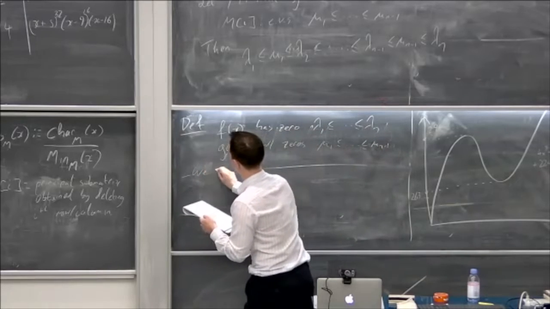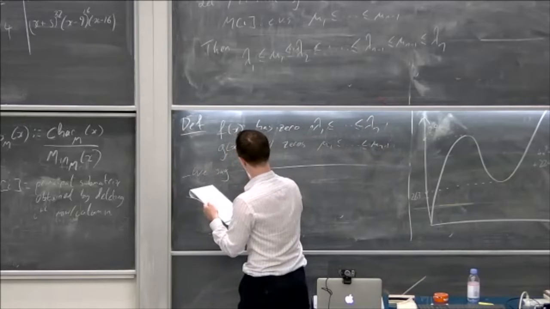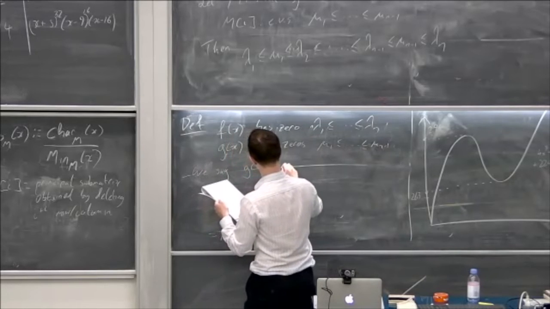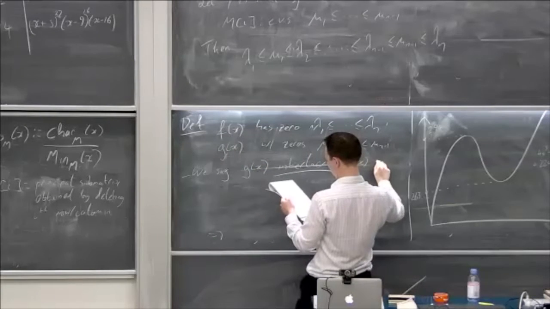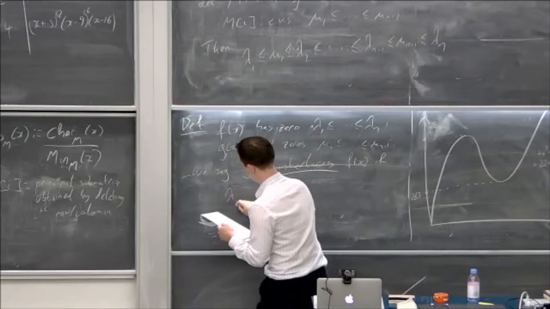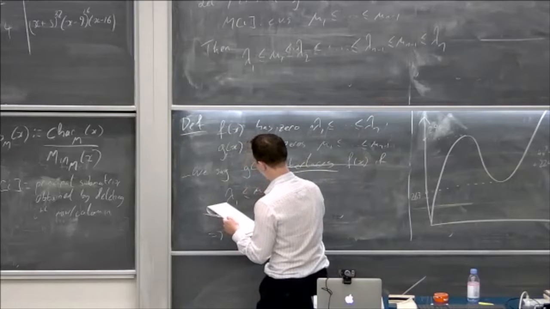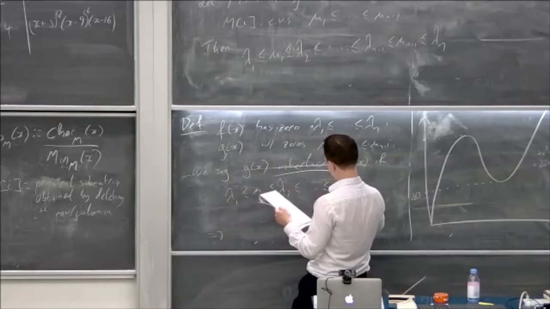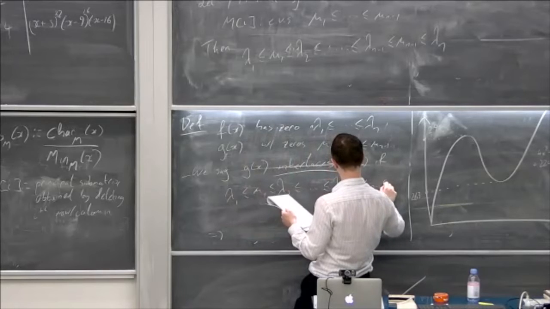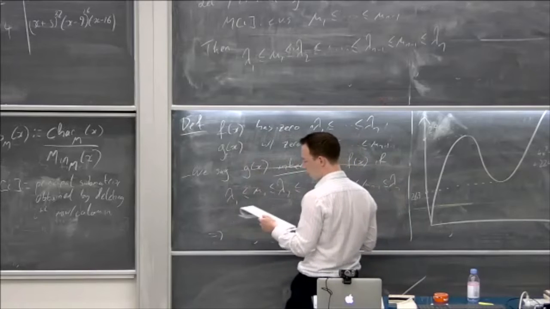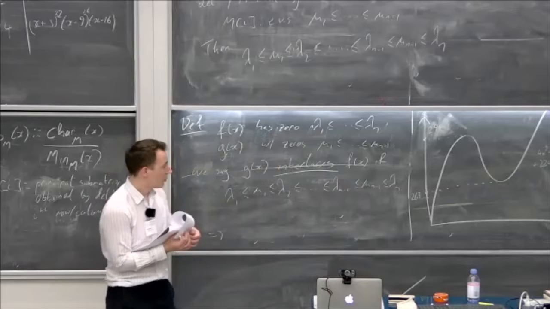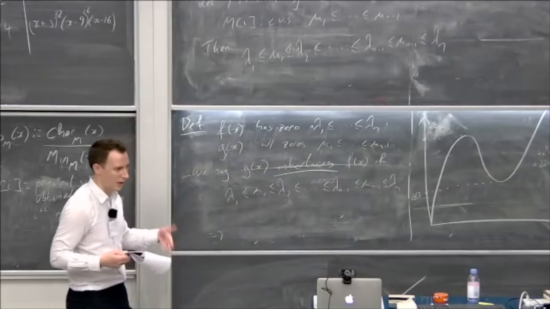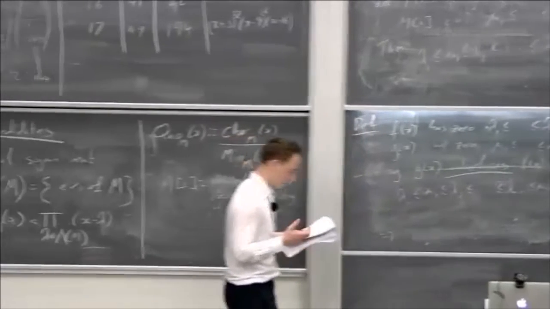Then we say g of x interlaces f of x if we have this interlacing property that we just saw in the interlacing theorem: lambda n minus 1 at most mu n minus 1 at most lambda n. And so Cauchy's interlacing theorem is telling us that the eigenvalues of any principal submatrix interlace with those of the matrix itself.